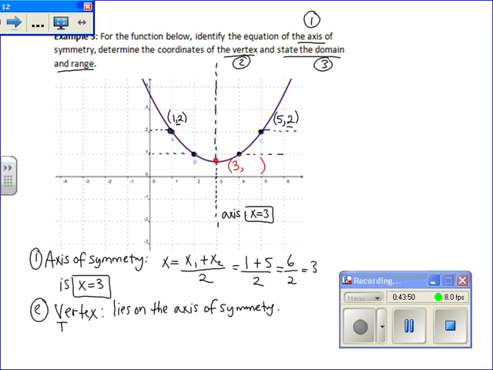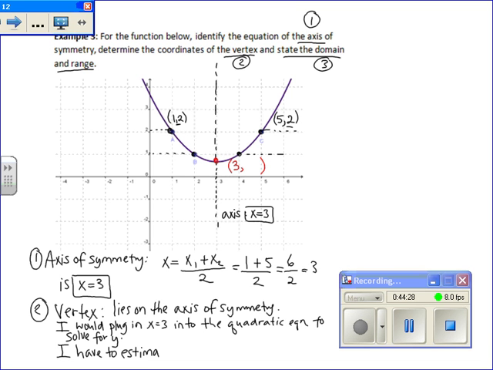I would plug in x equals 3 into the quadratic equation, so the equation of the parabola, to solve for y. And that would give me the y coordinate, but in this case I don't have the equation, so here I have to estimate. So let's go ahead and estimate it.